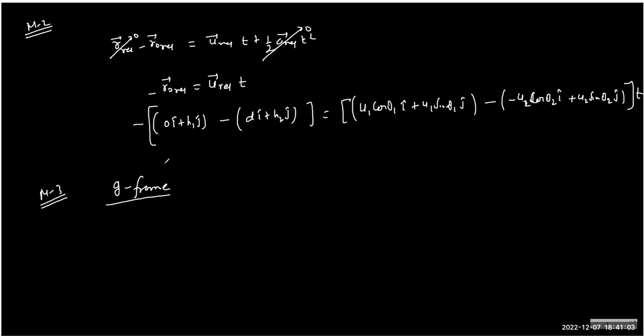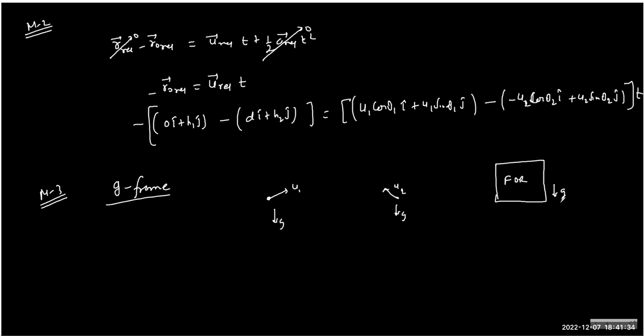Siddhant, you got the idea? Yes, sir, partially. So once again: particles 1 and 2, you have thrown like this, U1, U2. What is their acceleration? G. Yes, sir. So I have a third observer, a frame of reference which is also free falling.